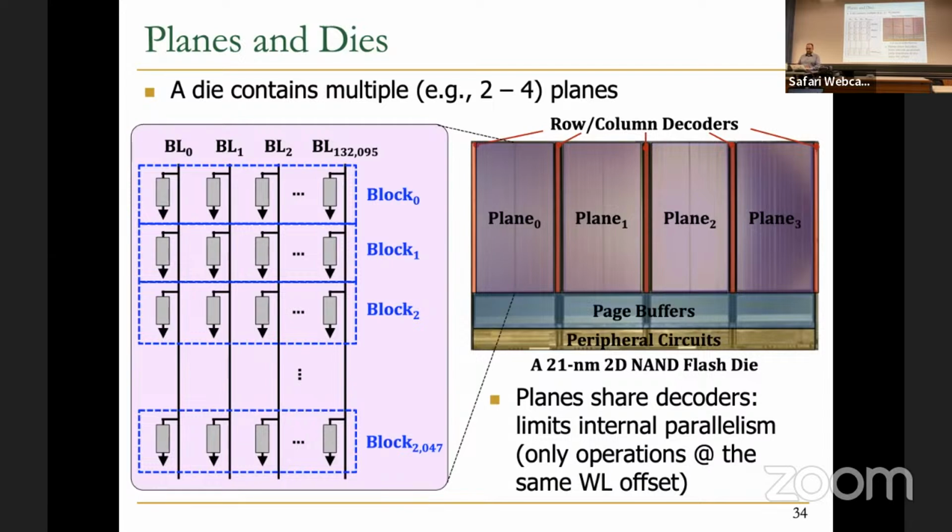Assuming that you want to do the same operation, like a read across planes, and all these read operations are consistent in terms of the offset, you can do it in parallel. That also causes a lot of trade-offs that we're going to see, in how we can benefit from multi-plane operations, because multi-plane operations provide better bandwidth. But at the same time, it's also quite hard to keep it always. Any questions?